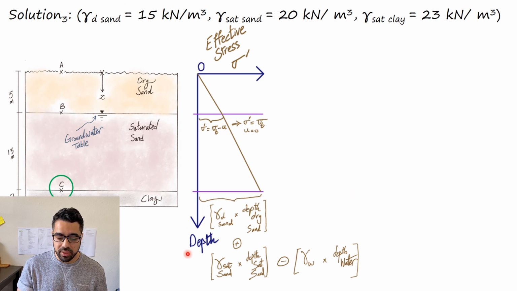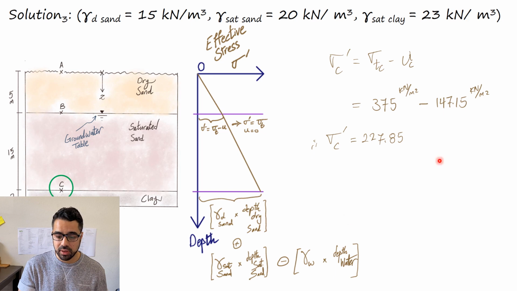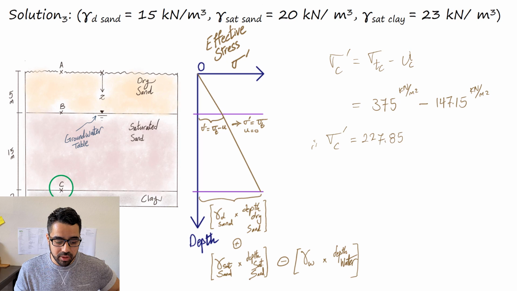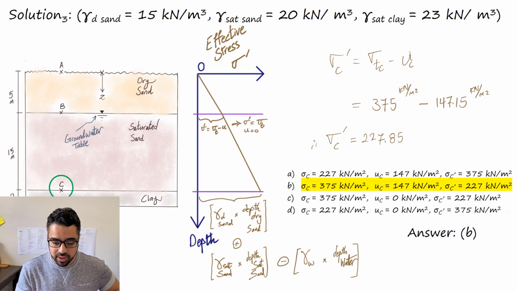We already found this part. We already found this one. We subtract them together, 375 minus 147.15. We're going to get 227.85. And since the total is 375 and 147, that's basically going to give us option B.